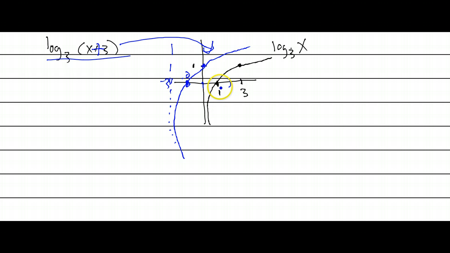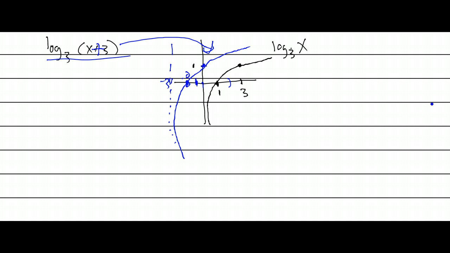You have to move everything to the left 3 units. So your vertical asymptote is going to be at negative 3. This point is going to be at negative 2. This point is going to be at 0. That's basically it for that one.